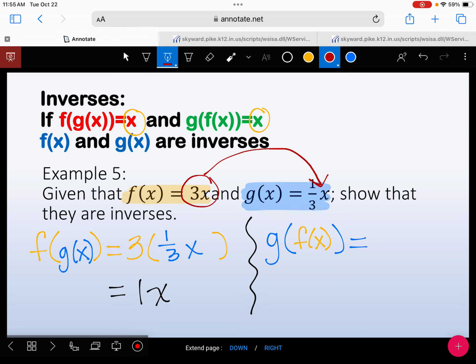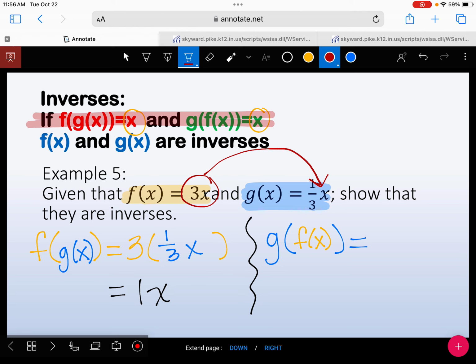Okay, so now what I'm saying is when we do our compositions, if they are inverses, it will equal x when it's simplified. That's the definition that I had you write down here. That's the definition of inverses. The definition of an inverse says that if you put g into f and it simplifies to x, and conversely, if you put f into g and it simplifies to x, then they are inverses.